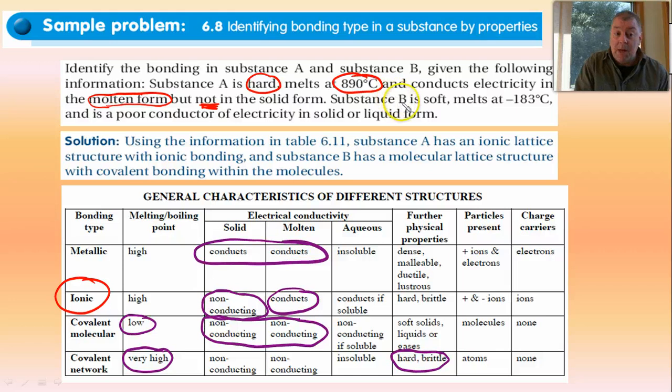Now if we look at B, B is soft, has a low melting point, so as soon as we see that, we go, that looks like covalent molecular, but we just have to check everything else. It's a poor conductor, okay, so it's going to be covalent molecular.